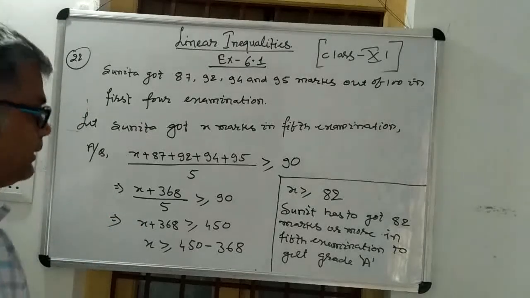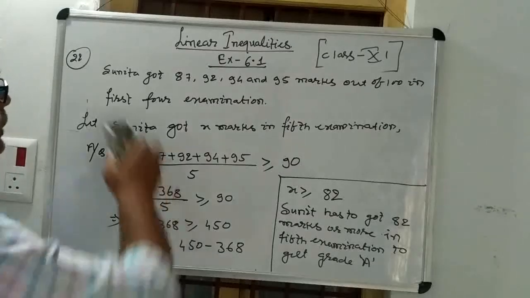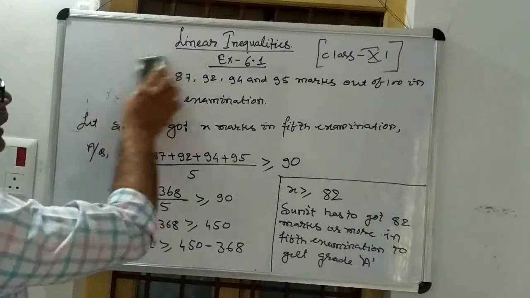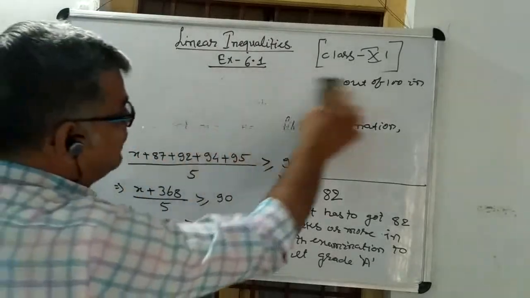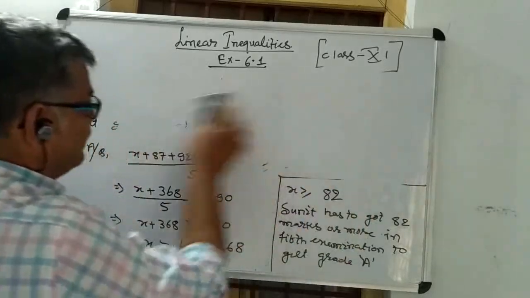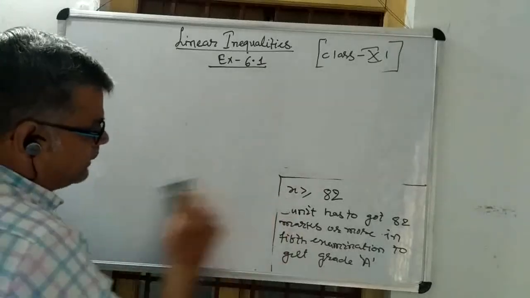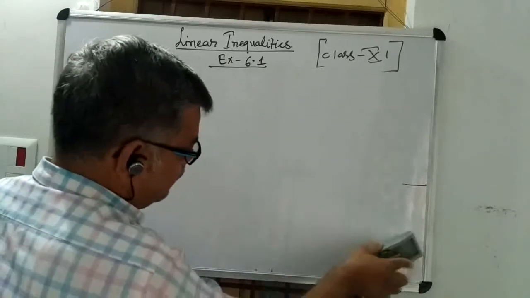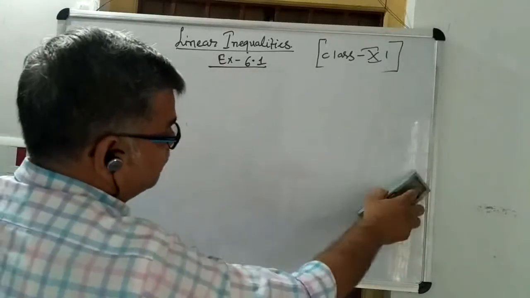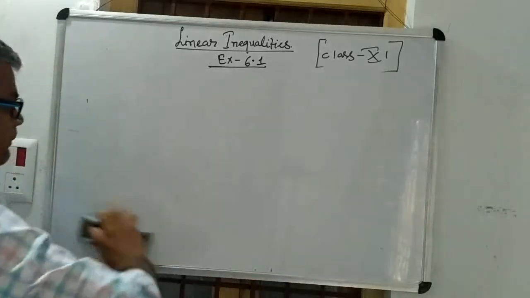Now students, taking the next question, that is question number 23, which is different from it, based on some different types of numbers. Let us see how it can be solved.